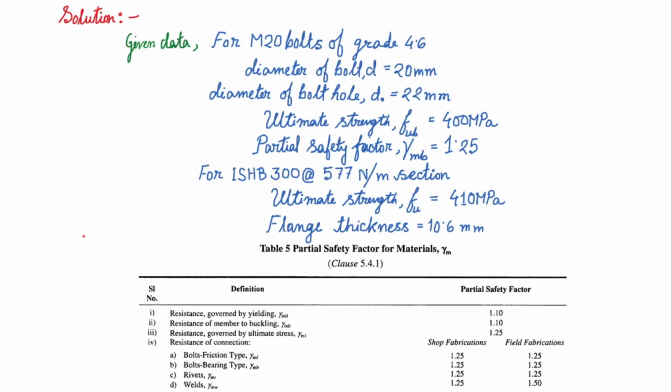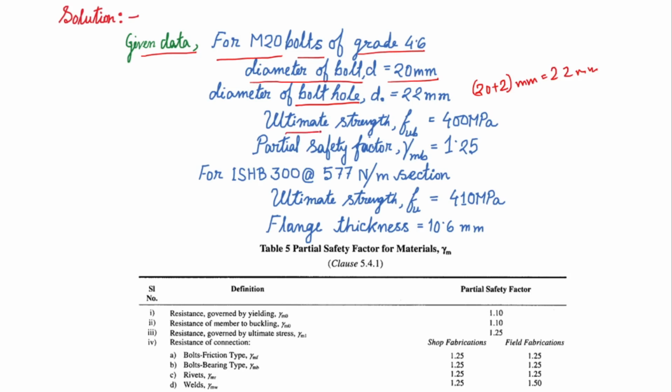So as a first step of the solution, I shall write the given data in the question. Here M20 bolts of grade 4.6 are to be used. So the diameter of the bolt is 20 mm, then the diameter of the bolt hole will be 20 plus 2, that is 22 mm.